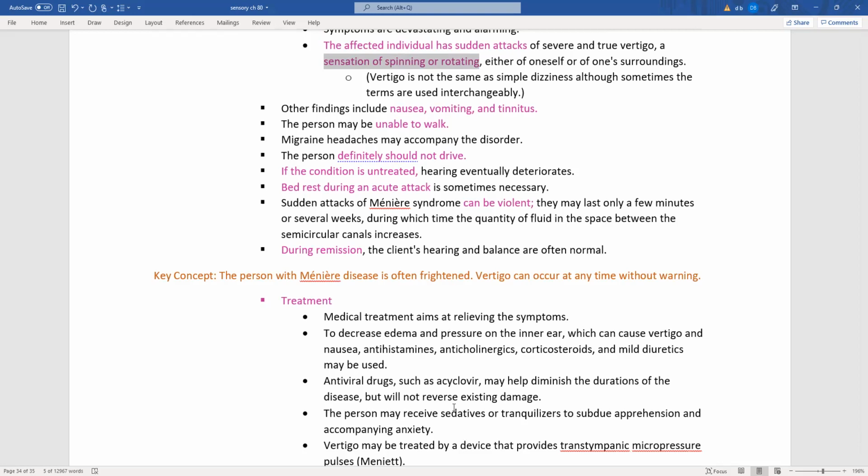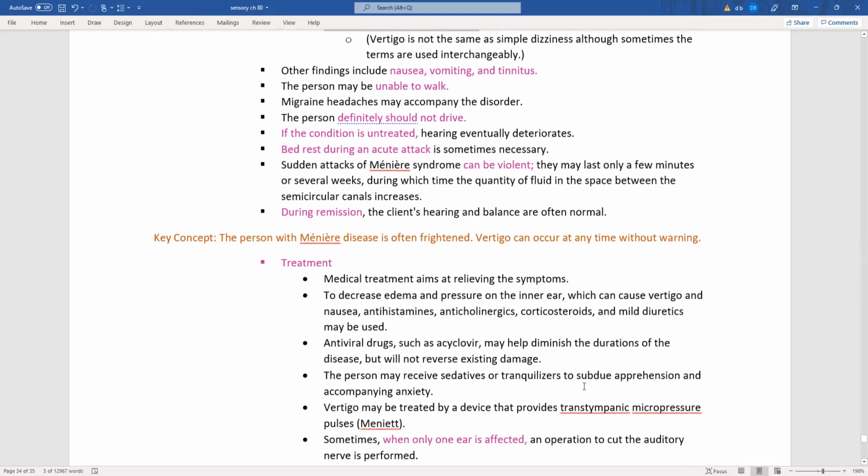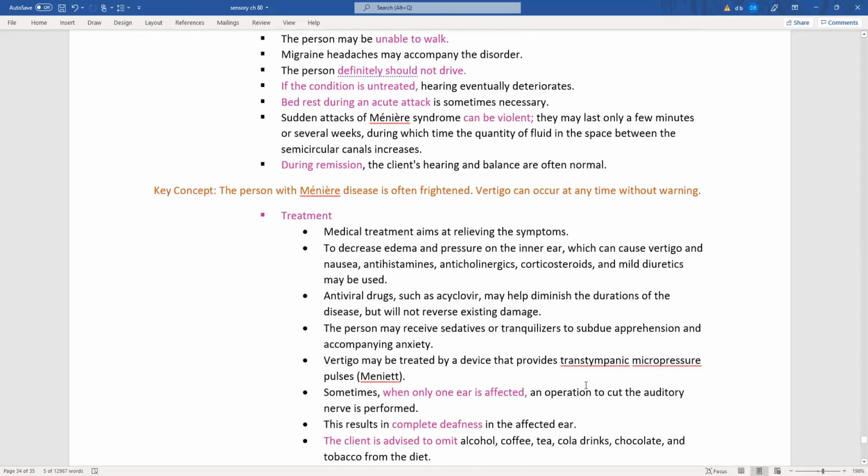So, medical treatment aims at relieving the symptoms to decrease edema and pressure on the inner ear, which can cause vertigo and nausea. Antihistamines, anticholinergics, corticosteroids, and mild diuretics may be used. Antiviral drugs such as acyclovir may help diminish the duration of disease but will not reverse existing damage. The person may receive sedatives or tranquilizers to subdue apprehension and accompanying anxiety.